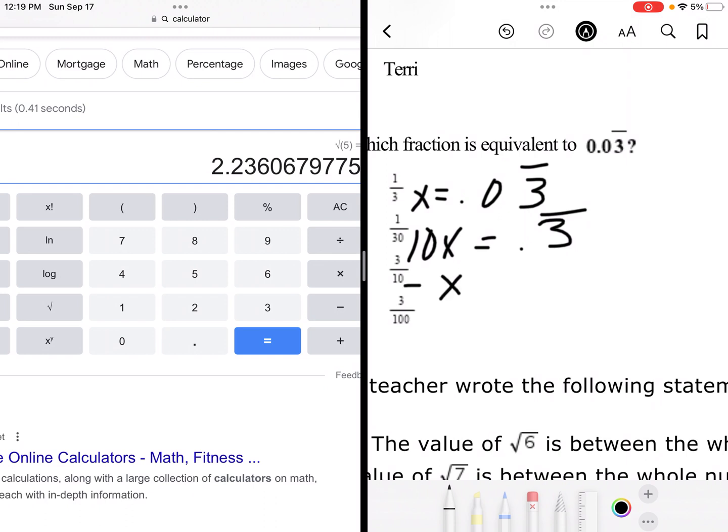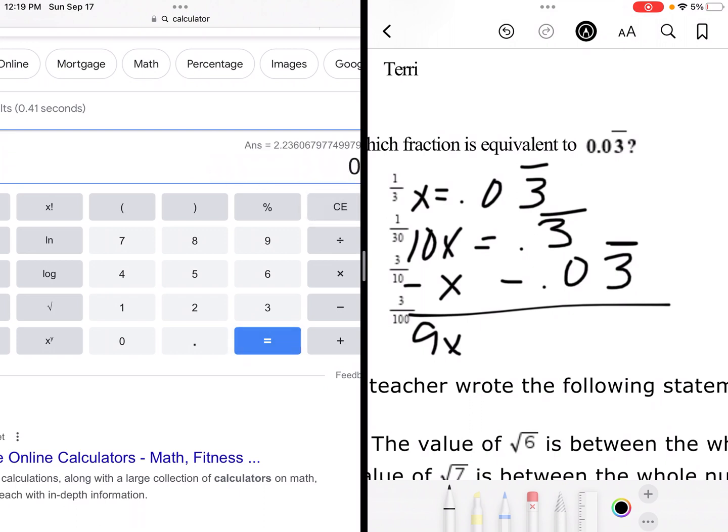So then you're going to subtract x, and you're going to subtract 0.03 repeating. So you end up with 9x, and then we're going to put that in our calculator. So we end up with 0.33333 minus 0.03, and we ended up with 0.3.